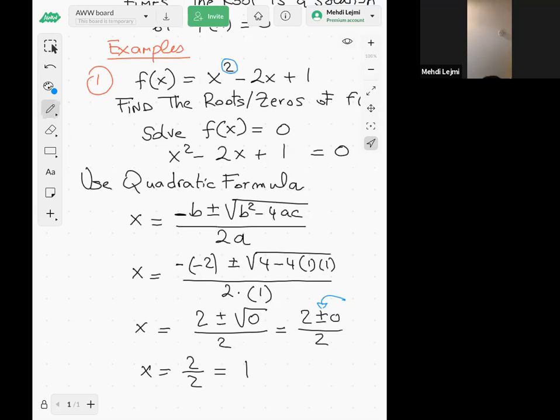If you have x cubed, then you're supposed to have 3 solutions, etc. But I got just one solution here.